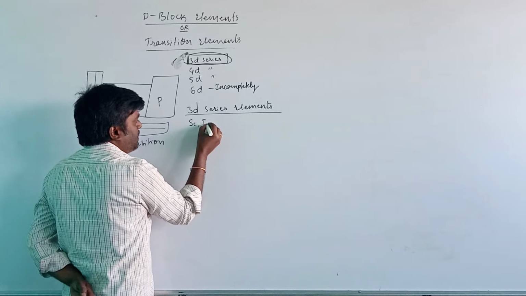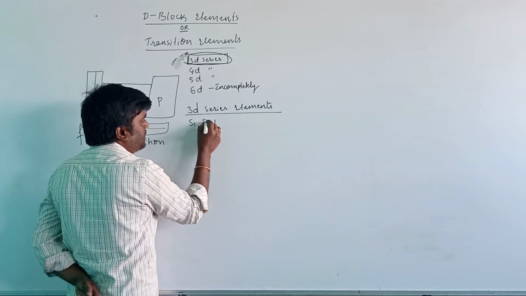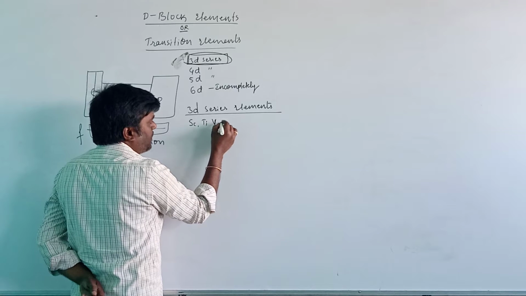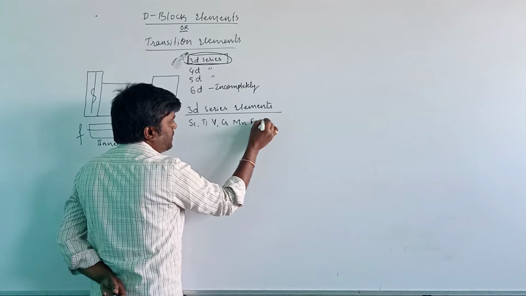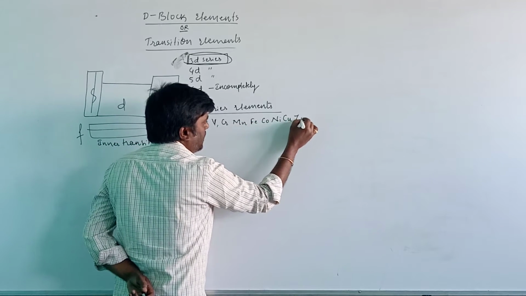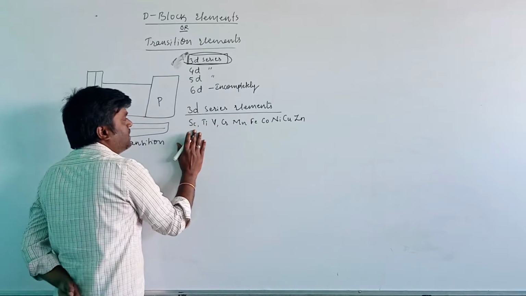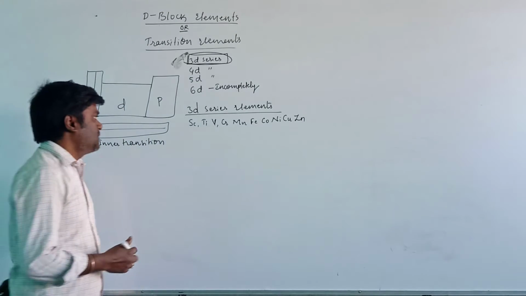The 3D series elements are scandium, titanium, vanadium, chromium, manganese, iron, cobalt, nickel, copper and zinc. These 10 elements are collectively known as 3D series elements.